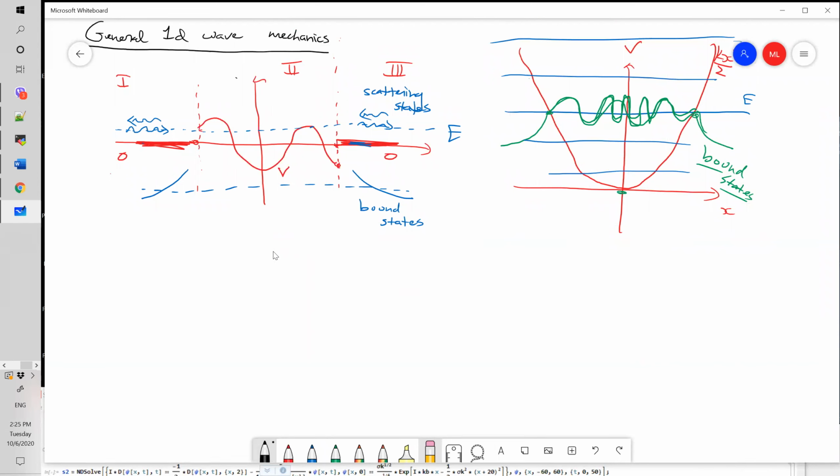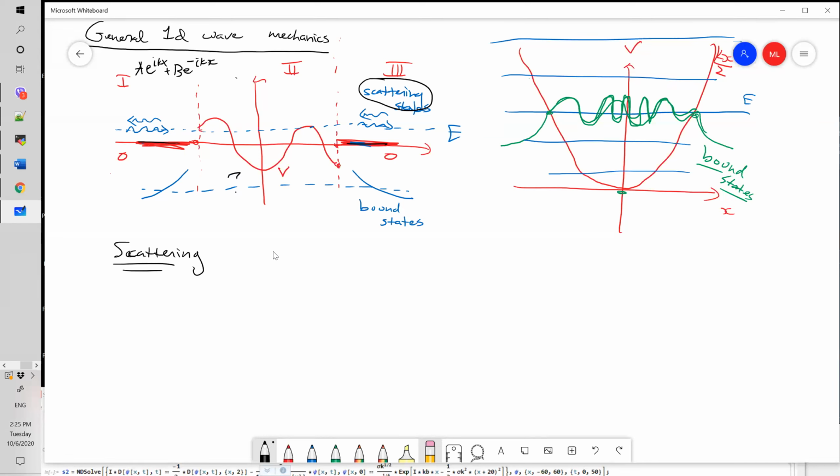Yeah, I guess I won't quite have time to talk about this, but another point here is for scattering. We can actually say some general things, because here we have these scattering states, and we know if the potential is zero out here, then we know that out here, we have A e to the ikx, plus B e to the minus ikx.